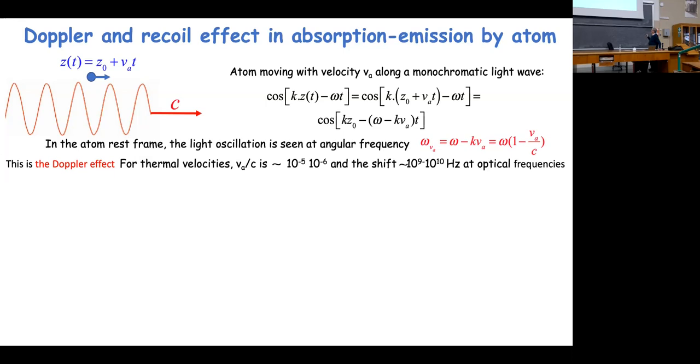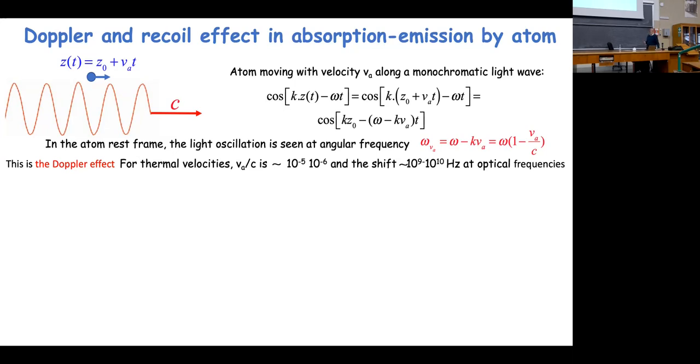And when you develop this, you find very easily that you have, in fact, an apparent frequency in the reference frame of the atom, which is omega minus k v_A, where k, which is equal to omega over c, is the wave vector of the light beam. So we retrieve here the fact that I indicated qualitatively that in the moving frame, the frequency of the light appears reduced in this case, and of course it will be increased if the atom was going in the opposite direction.